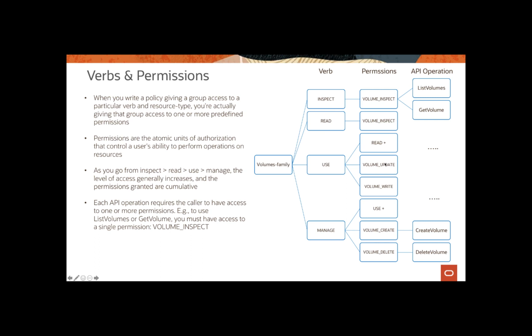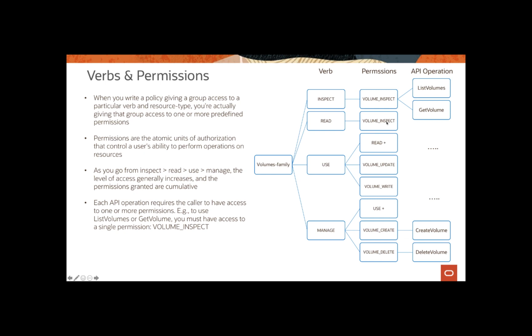So essentially, writing a policy called allow group name, any name, to manage volumes family in tenancy would give this group the permissions to delete volumes, create volumes, write volumes, update volumes, and inspect volumes in the tenancy.